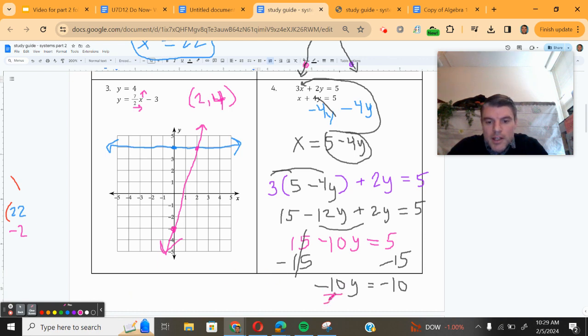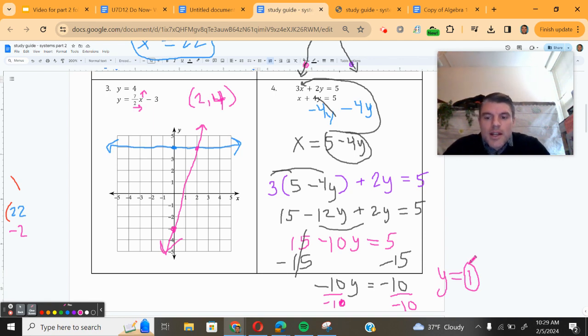Divide by negative 10 to get y by itself. y equals positive 1. I'm going to plug that into one of the equations so I can get what x equals.